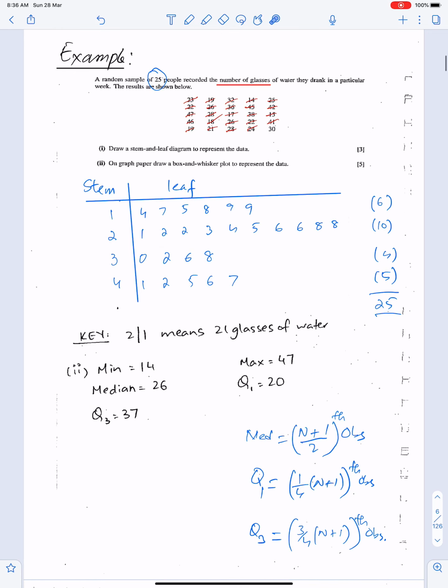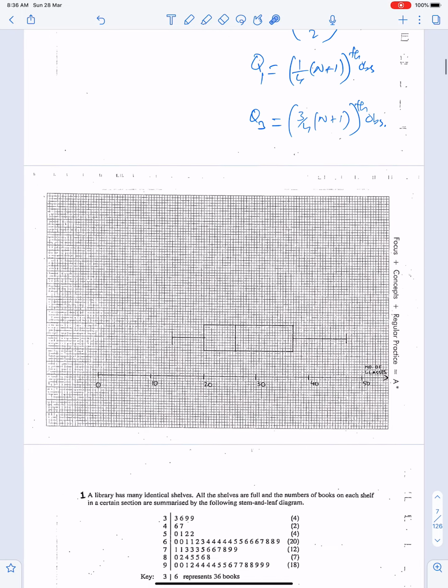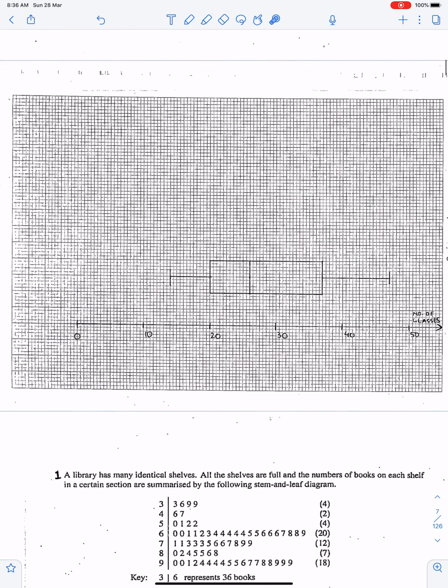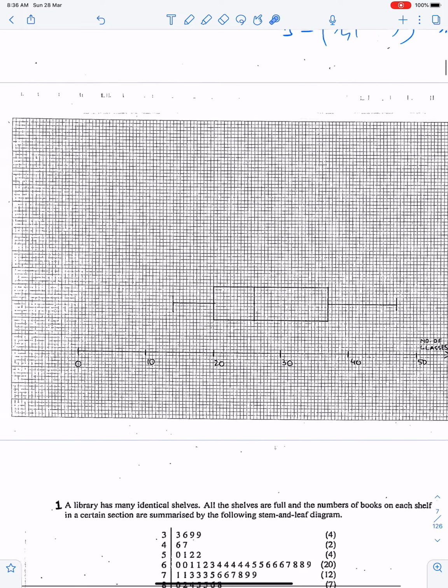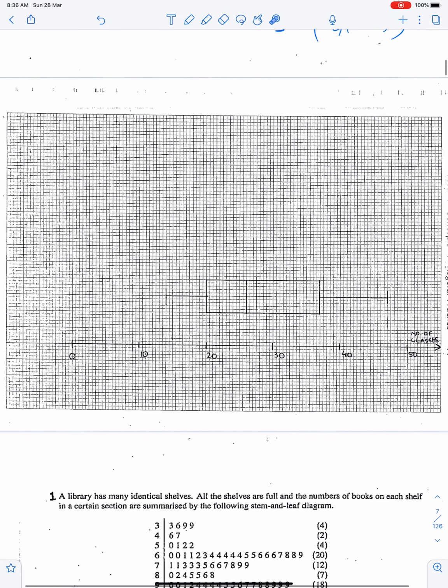And use pencil for diagrams. Now, box plot. For box plot, use graph paper horizontally, but now you will get the printed graph on the answer sheet. So you have to use the printed graph as it is.